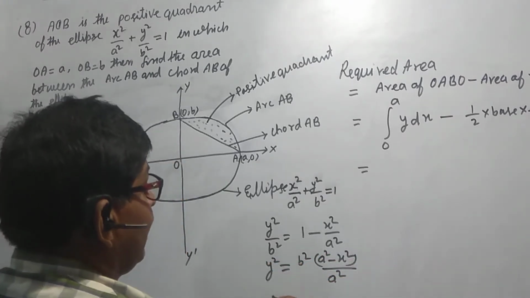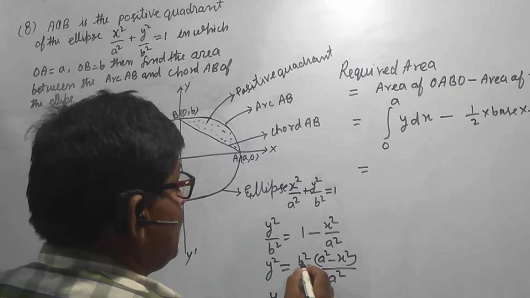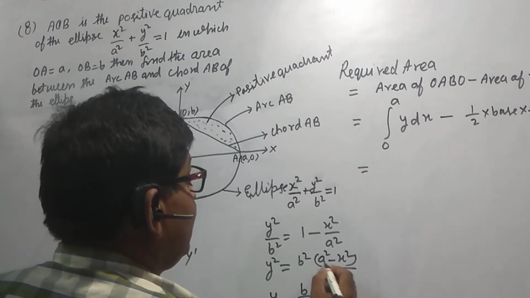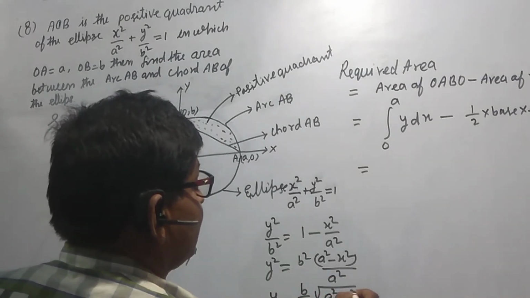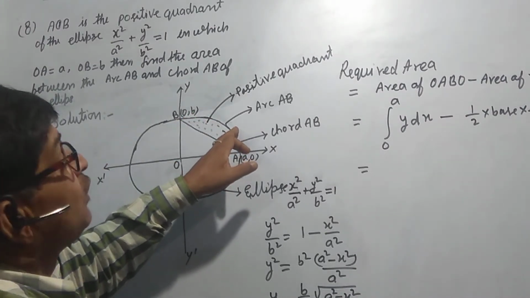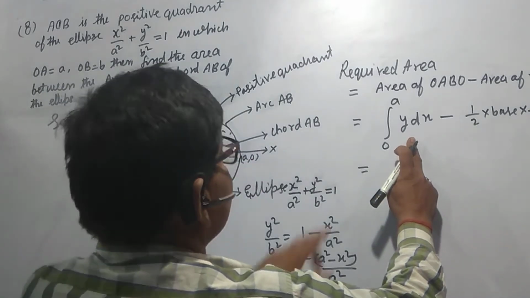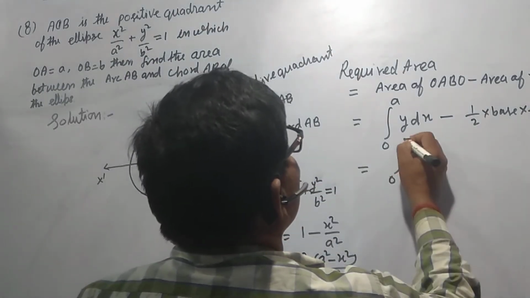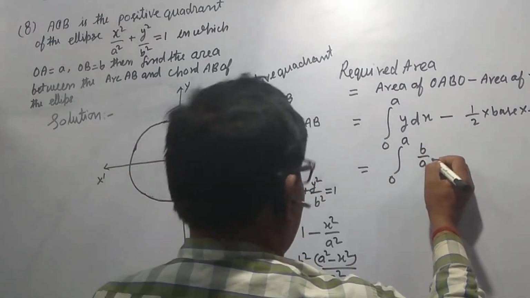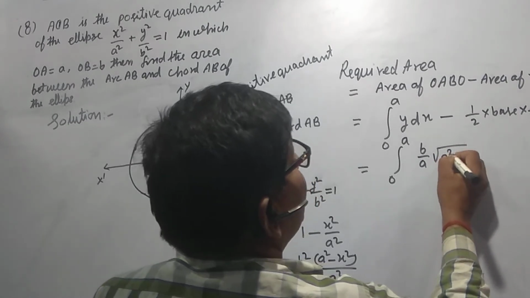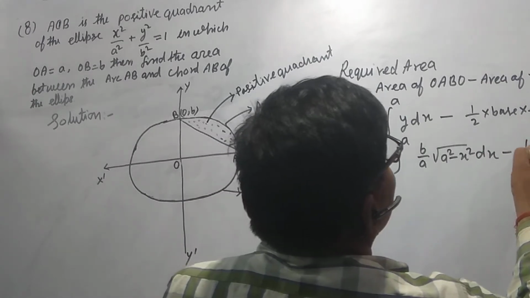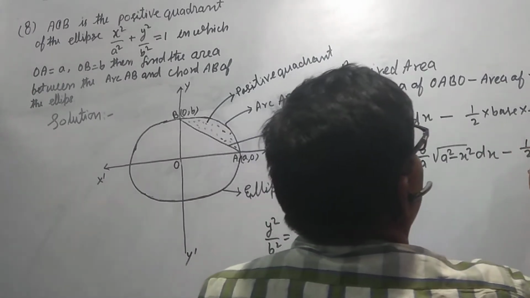So y equals b by a under root a square minus x square. The area is the integral from 0 to a of b by a under root a square minus x square dx, minus 1 by 2 base into height.